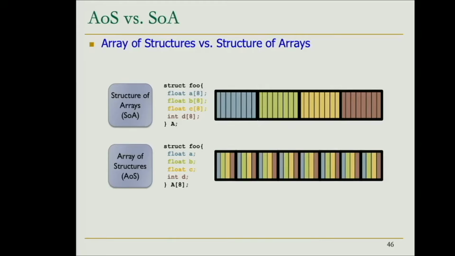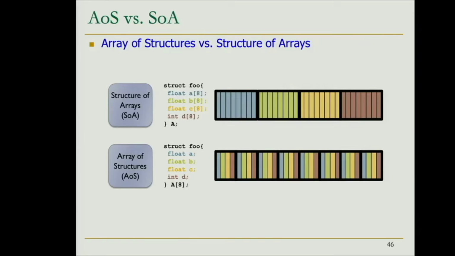And here, in total this is an array of structures, and in each struct we have elements of A, B, C, and D, right? So if you think about the typical program, what is more desirable for GPUs?